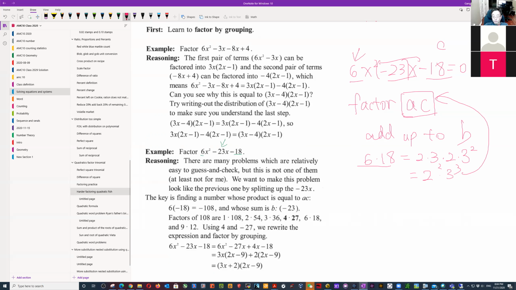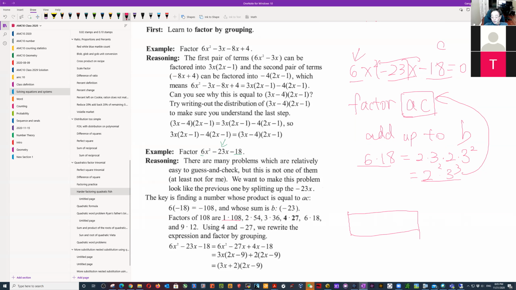And so you can just list them out. Because you already factored it out, it's fairly easy to walk through this step.